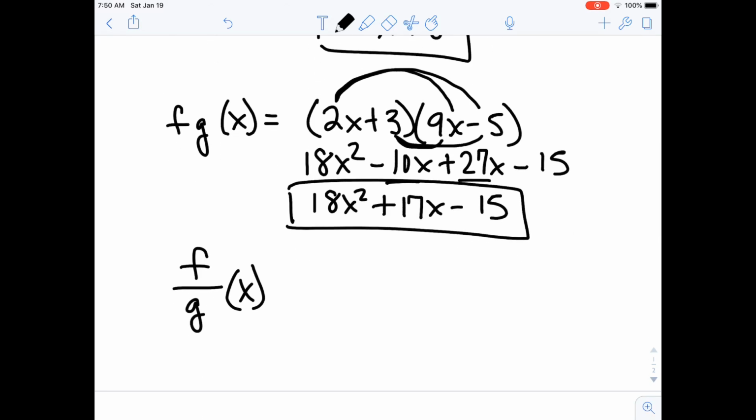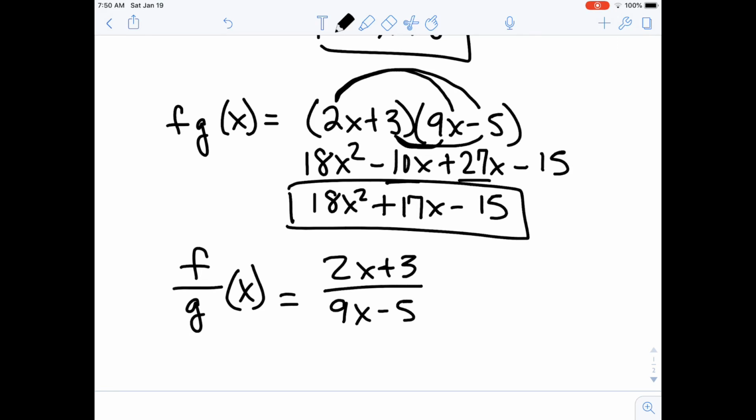Now f divided by g, you may be like, oh my gosh, what kind of craziness do we have to do here? Well, what's f? So you put f, 2x plus 3, over 9x minus 5. And you look to see if you can pull anything that's common in either top or bottom to try to simplify, but there is nothing right now.